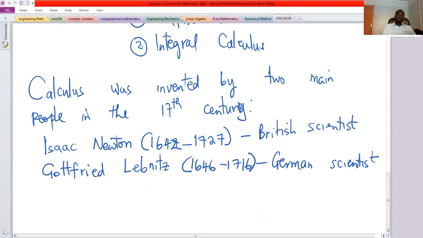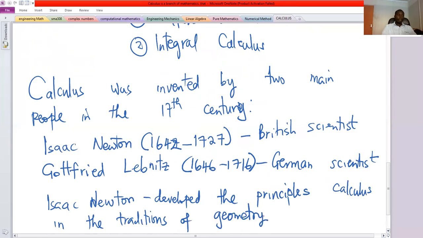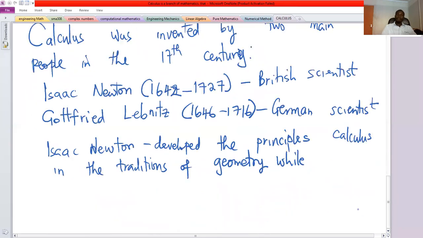Isaac Newton developed the concepts, the principles of calculus, in the tradition of geometry, while Leibniz dealt mostly with symbolic mathematics.